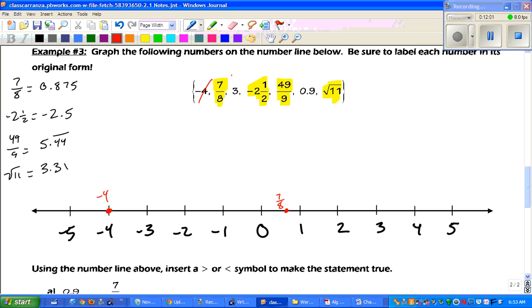And we're going to label it by its original number, okay? Original form. The next one is 3. -2 1/2, we said that was -2.5. 49/9 was 5.44 repeating. We have 0.9. And the square root of 11.